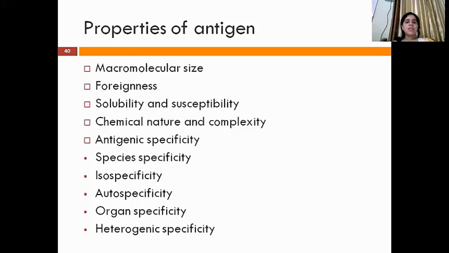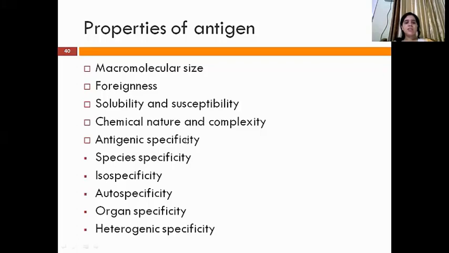Next is the chemical nature and complexity. Usually, antigens are lipopolysaccharides in nature, but in very rare cases, it can also be carbs and fats, but they are not actually. If a particular hapten is present, then you can combine it with some carb or fat and you can convert it into an antigen.